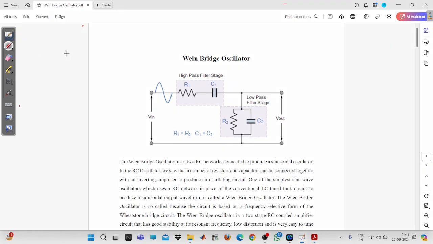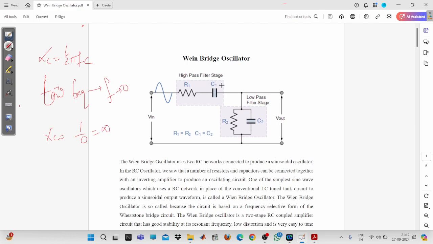Now you can see that Xc will be equal to 1 upon 2 pi f C. So at low frequency, frequency is near to 0. This is not a zero frequency, but if you are considering low frequency, Xc will be equal to 1 by 0, that would be infinity.